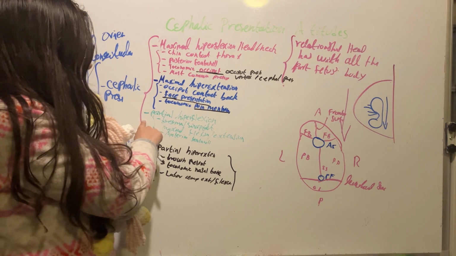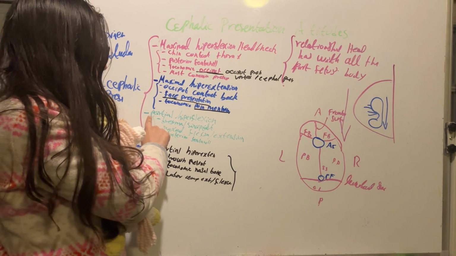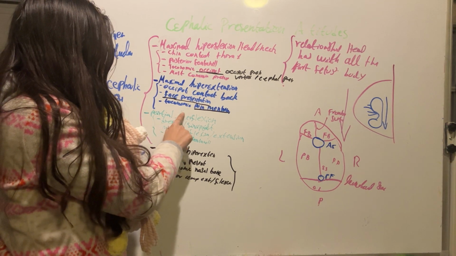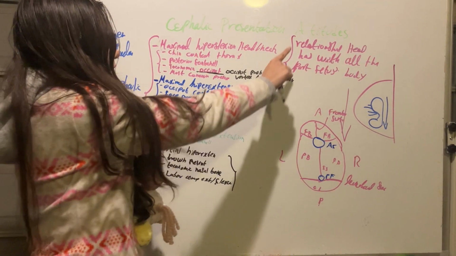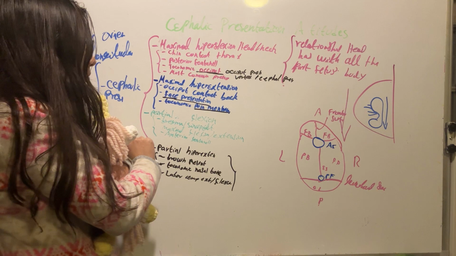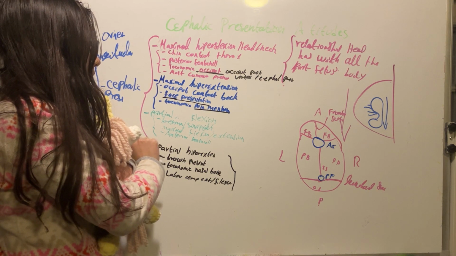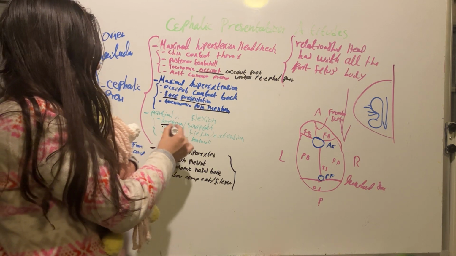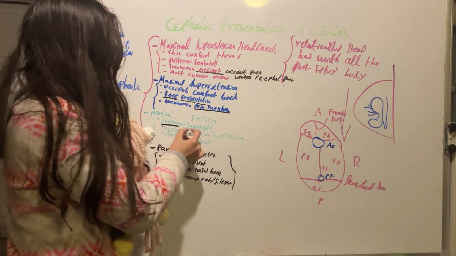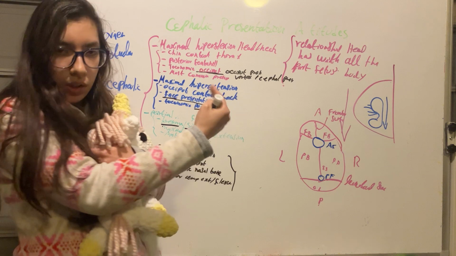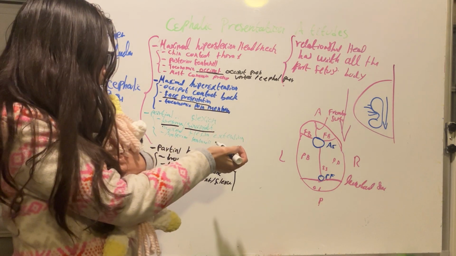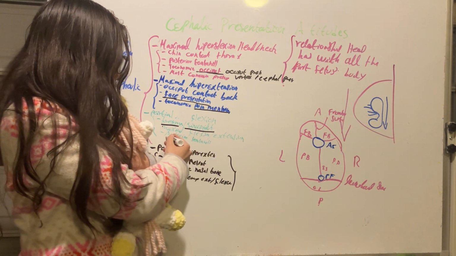And the partial flexion attitude is called bregma presentation or sinciput presentation. Here what we feel in the vaginal tract is the anterior fontanelle.